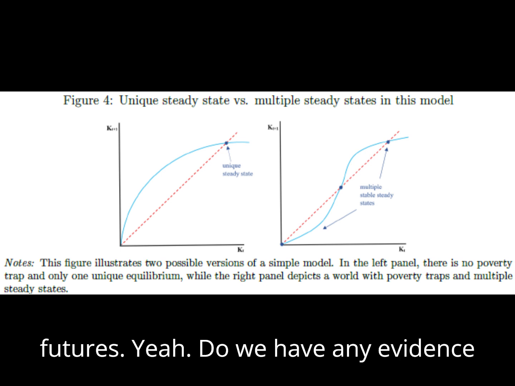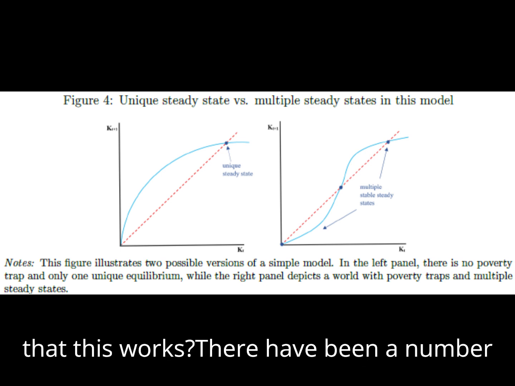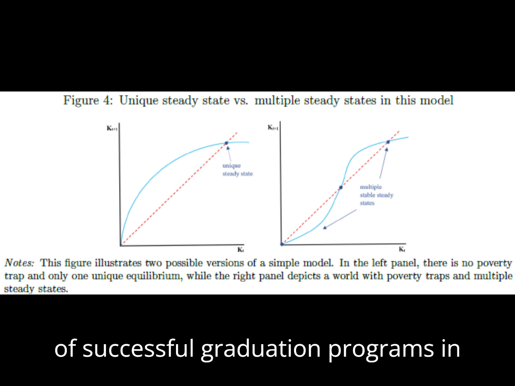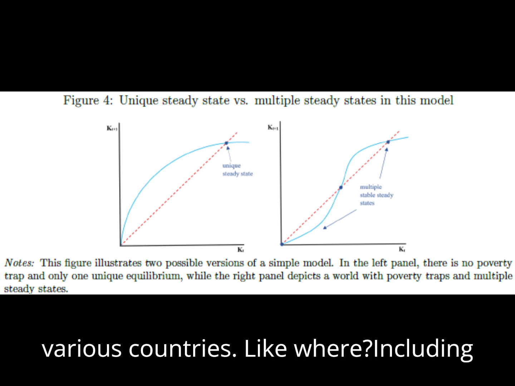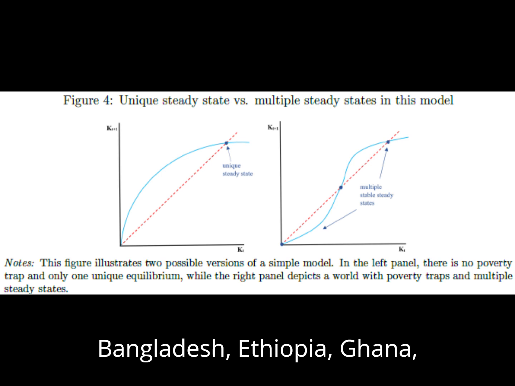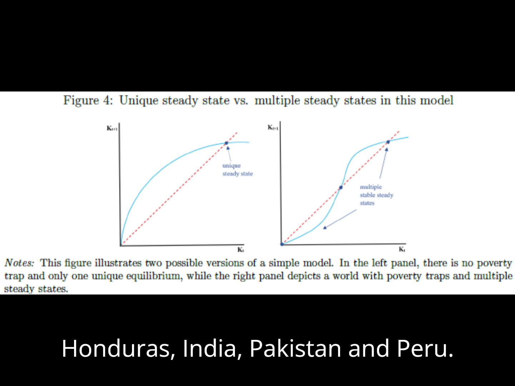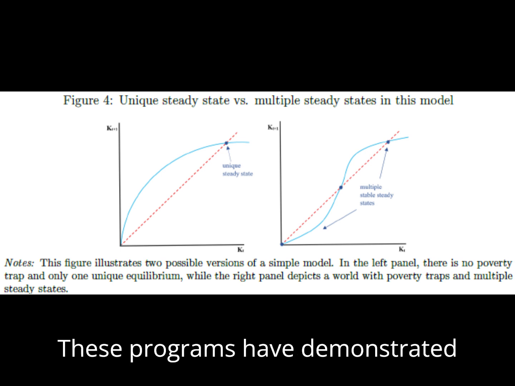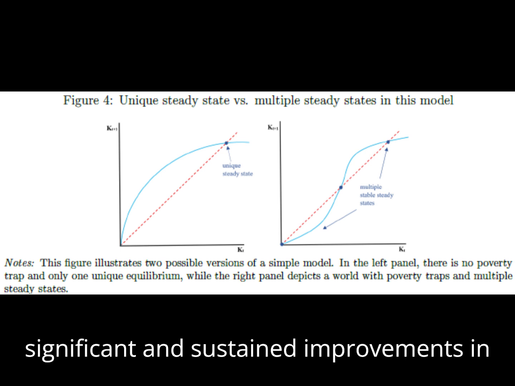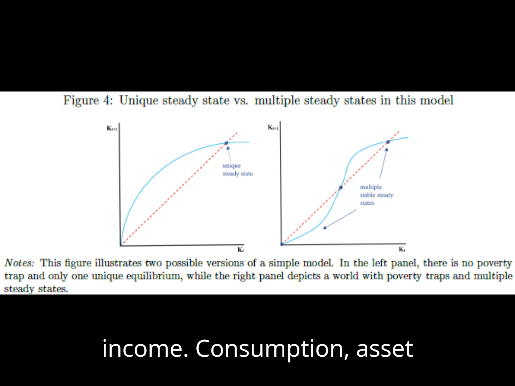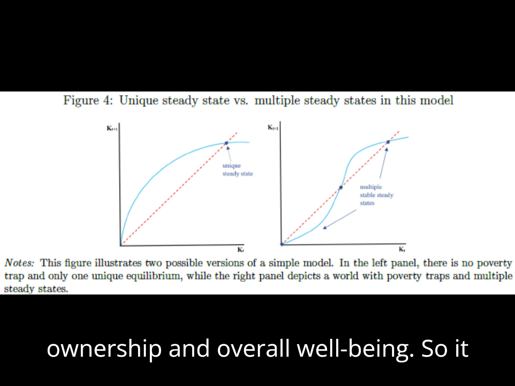Do we have any evidence that this works? There have been a number of successful graduation programs in various countries, including Bangladesh, Ethiopia, Ghana, Honduras, India, Pakistan, and Peru. These programs have demonstrated significant and sustained improvements in income, consumption, asset ownership, and overall well-being.